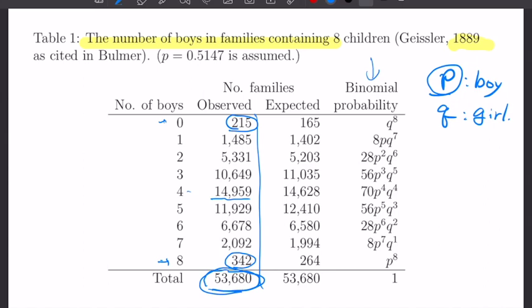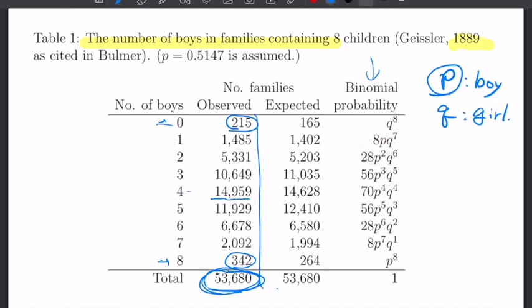Okay, in binomial distribution, the probability that there are no boys is given by Q to the power of 8. Okay, and if you multiply this number by the total number of families, you can predict the number of families with no boys. Okay. Again, also according to the binomial distribution, the probability that there is one boy out of 8 children is given by this.